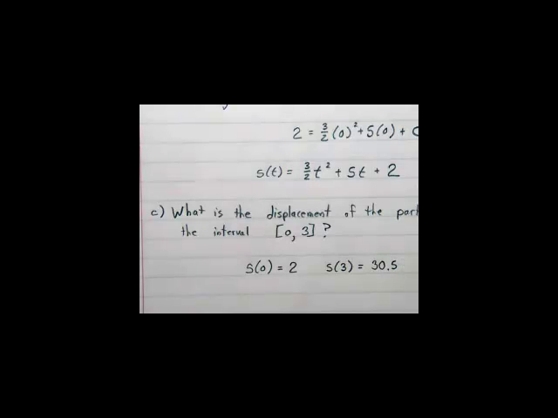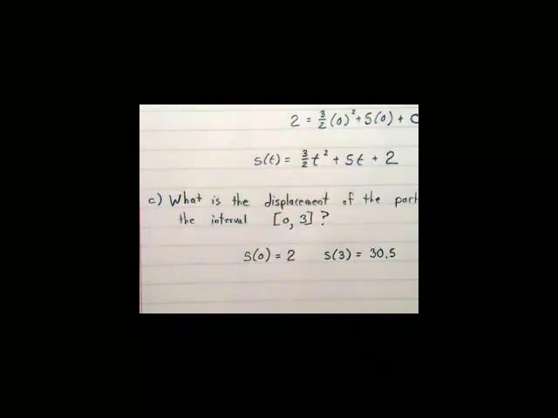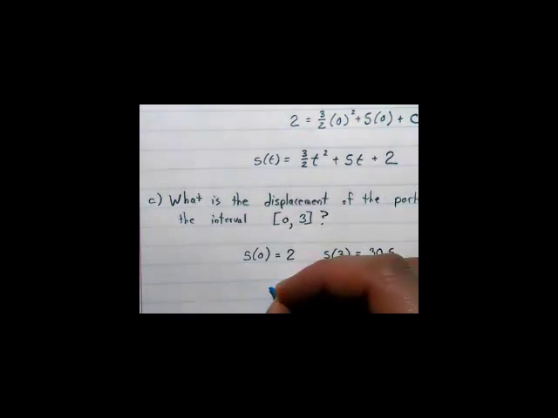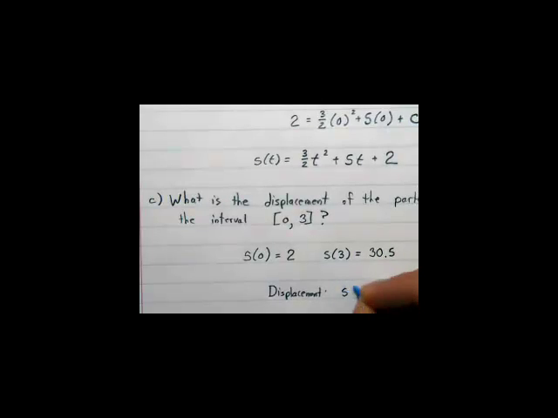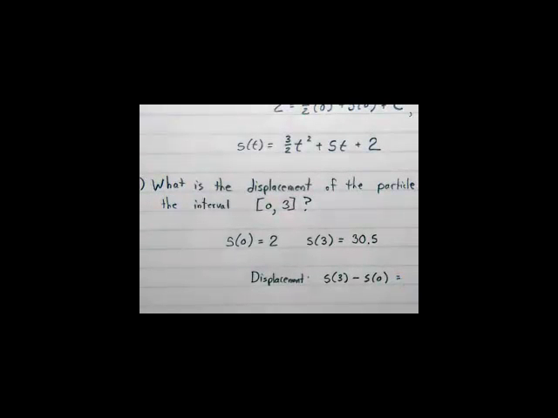We get a verification on that? We're good? Okay. So, starts at 2, it ends at 30.5. Displacement then is S of 3 minus S of 0, right? It's the difference between those two. So that would be 28.5.